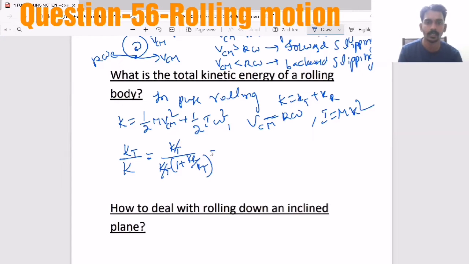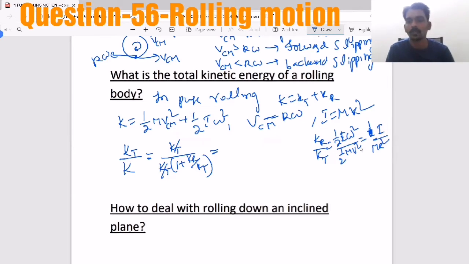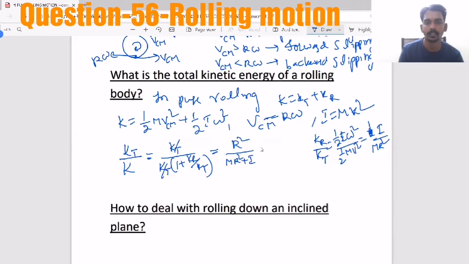So KT cancels. Where KR by KT is, KR is half I omega square by KT, which is half m v square, equal to half cancel, then I by m r square. Where v equal to r omega, if you substitute, it will become r square by m r square plus I.